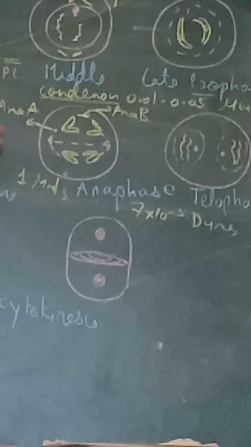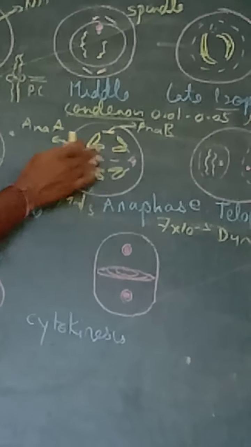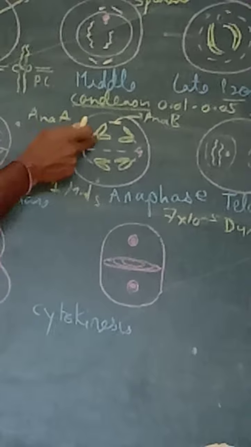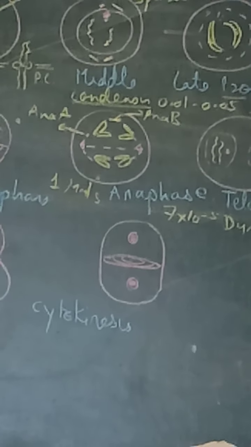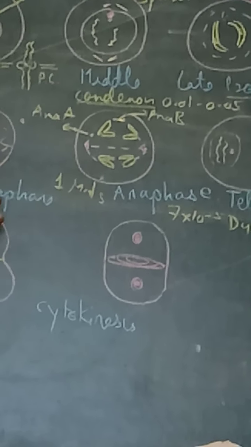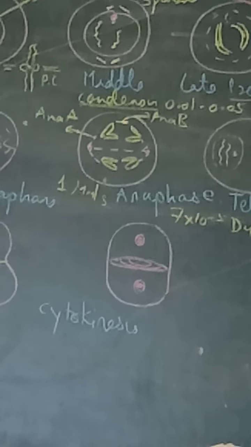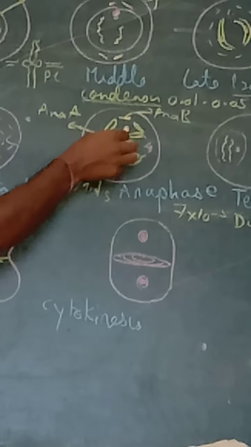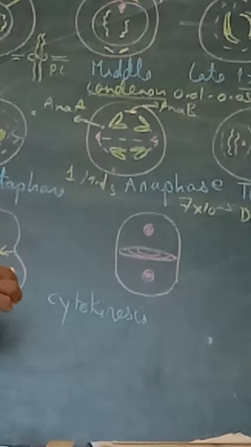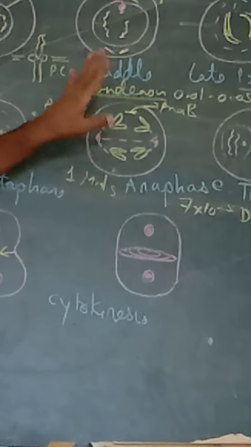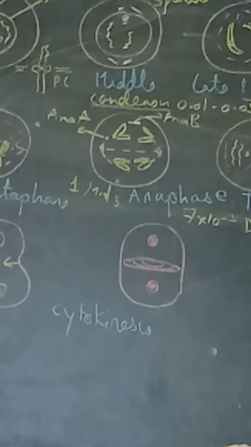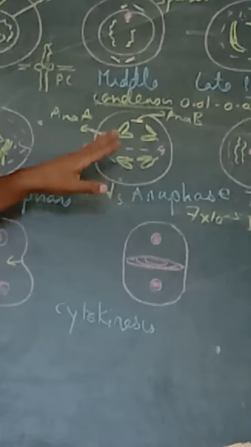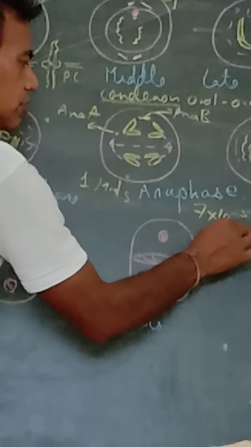A number of factors may be responsible for this movement of chromatids, such as the contraction or shortening of the spindle fibers, or some viscosity changes in the cell, or some electrostatic forces in the cell. This movement of chromatids is known as congression.